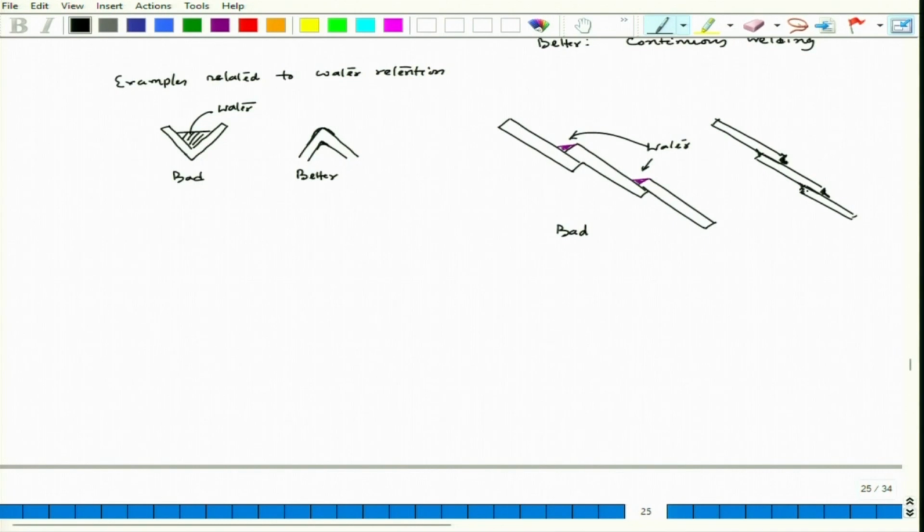So with the rounded portion, you can also avoid crevice. So this is avoidance of crevice as well as water retention points. So this is better.